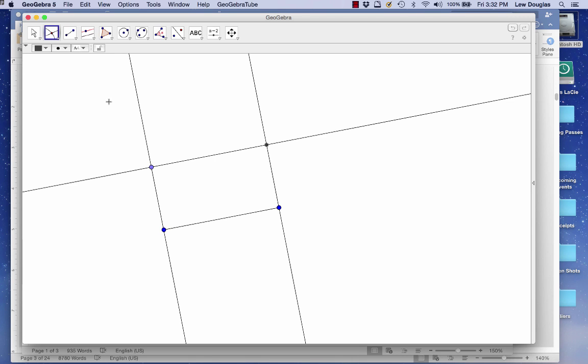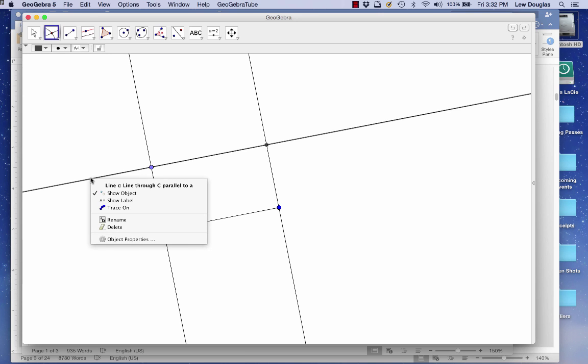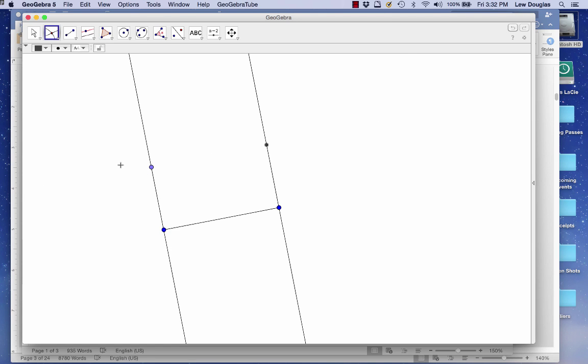Now, you might think that you're finished, but you're not, because this has other things in it that we don't want. So what we're going to do is hide, and the easiest way to do that is to right-click or control-click and show object, uncheck, basically, show object. So I'm going to hide all the lines in the figure.